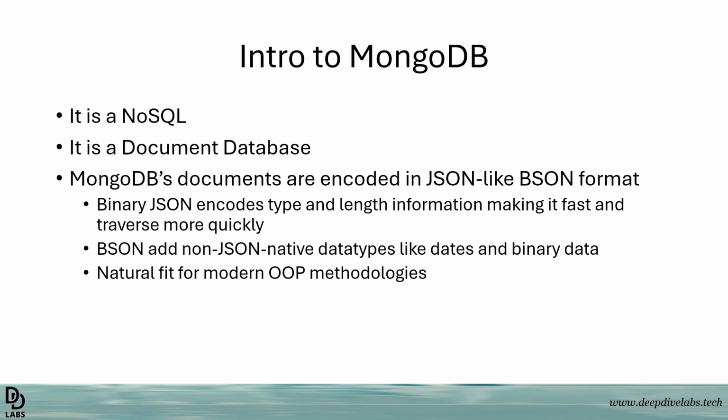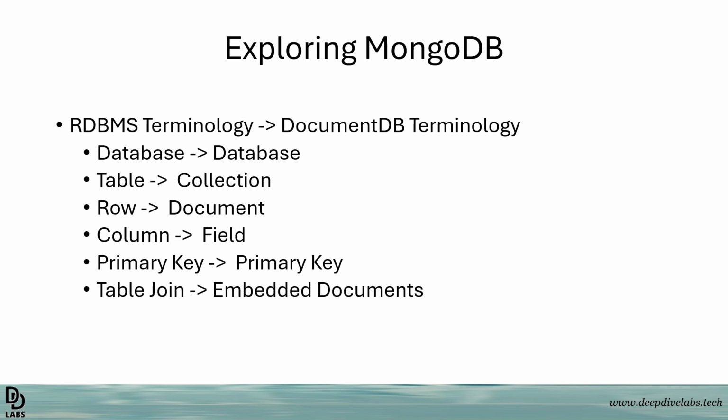The binary JSON adds non-JSON native data types like date and binary data into your document as well. So it's also a natural shift for modern OOPS methodology, right? MongoDB gets used quite a lot in order to reduce the problems of the relational object impedance mismatch.